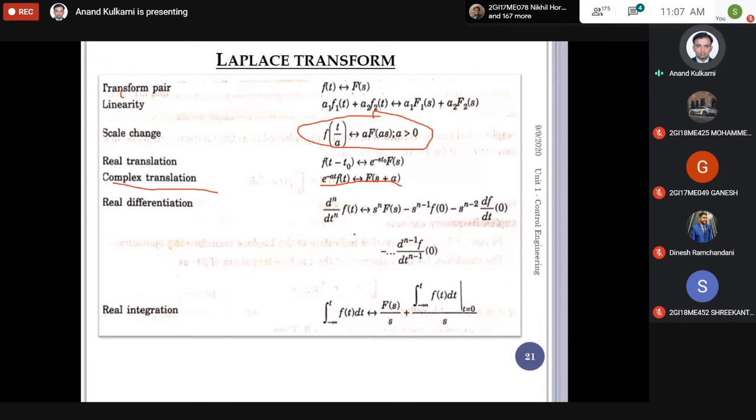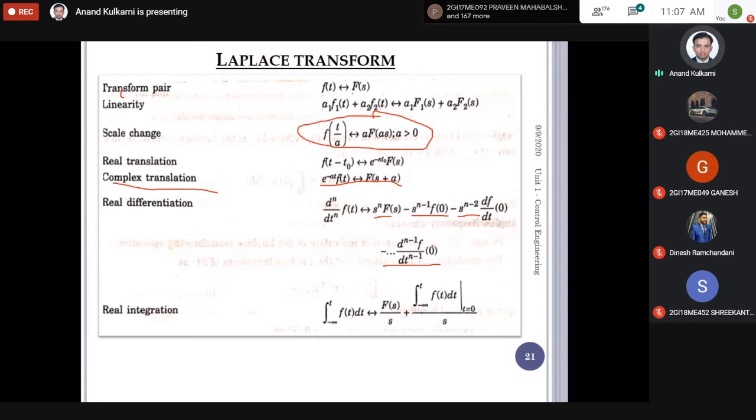See here, this is the general differentiation equation. The nth derivative d to the power n by dt to the power n of f of t becomes s to the power n into F of s minus, there are so many initial conditions, s to the power n minus 1 into f of 0 minus s to the power n minus 2 into df by dt of 0, and so on up to d to the power n minus 1 f by dt to the power n minus 1 of 0.